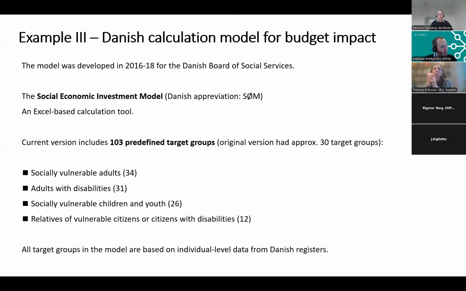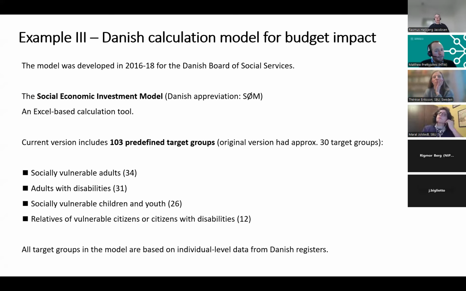And I should say that the model version that we developed back in 2018 had fewer target groups, and since then the model has been gradually growing up to the current size. All these target groups are defined using individual level data from Danish registers. For instance, people who live in homelessness have been defined by looking in the registers and seeing which people have lived at shelters paid by the municipality.